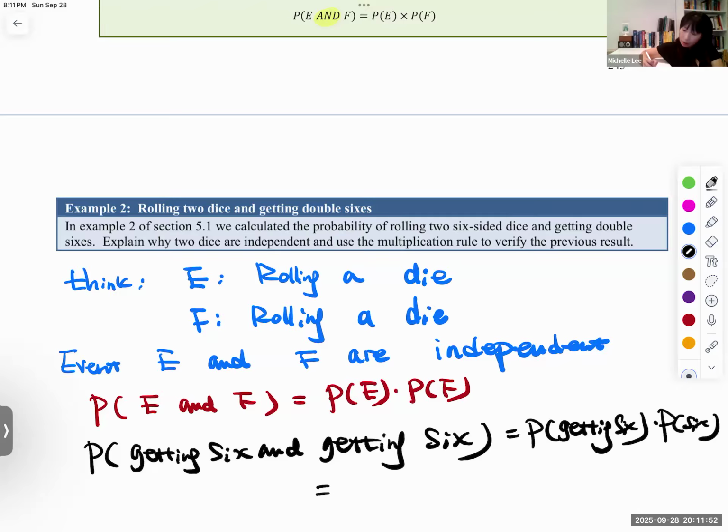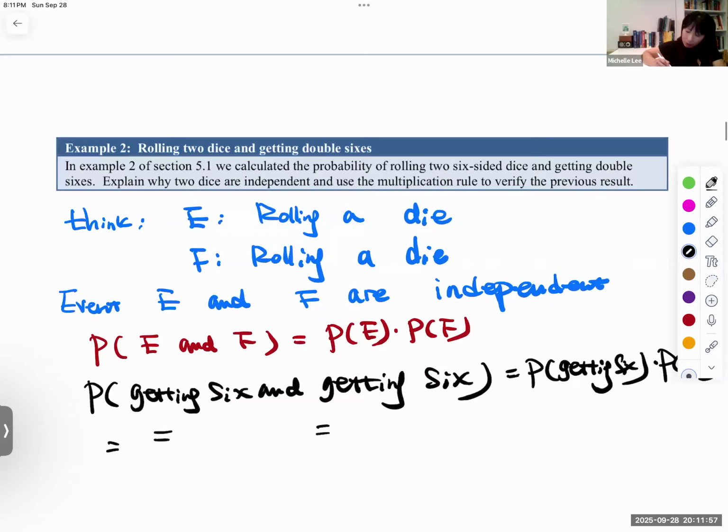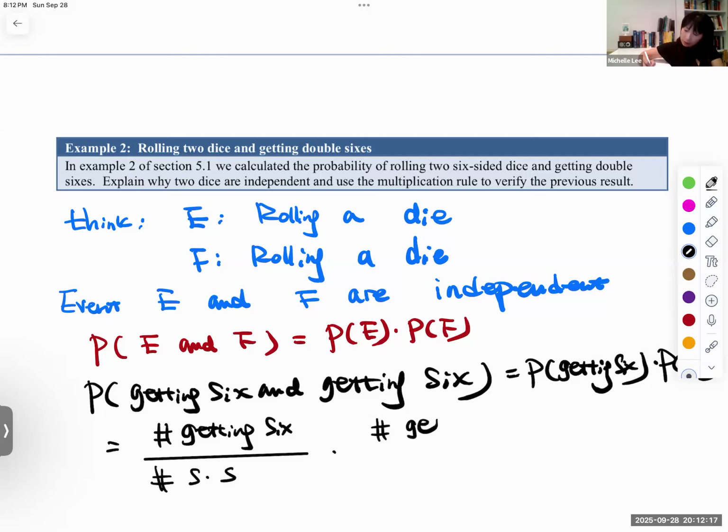All right, so there will be the number of getting 6 divided by the number of sample space, and times the number of getting 6 divided by the number of sample space, yeah?